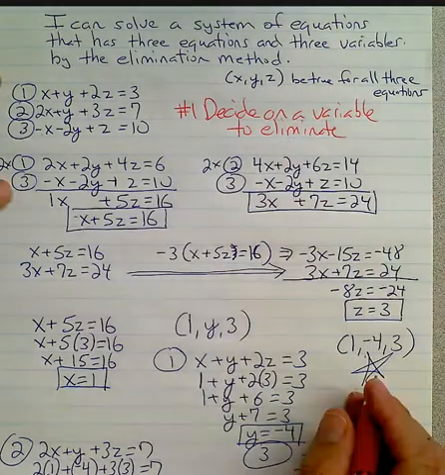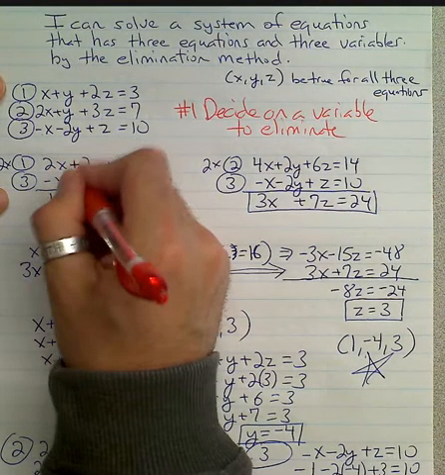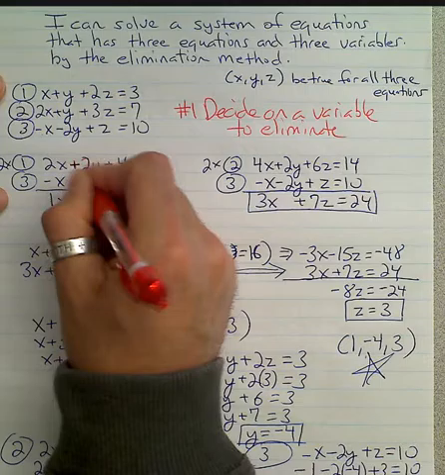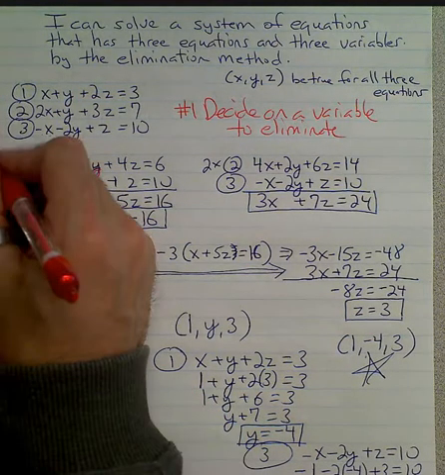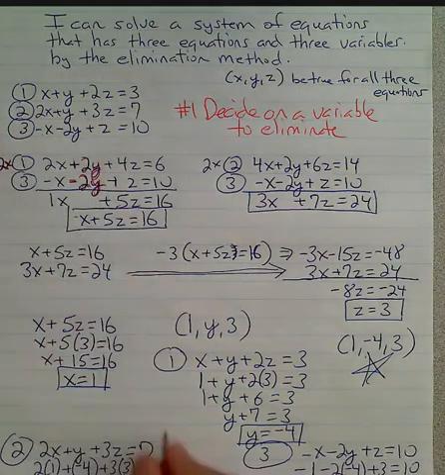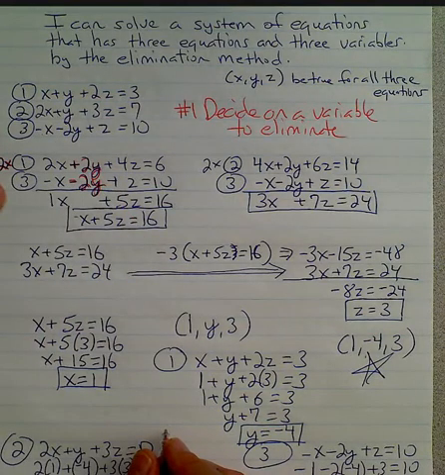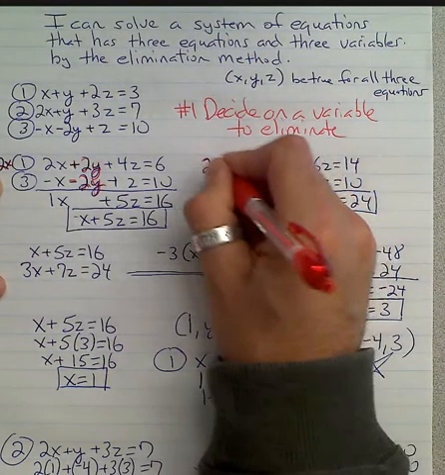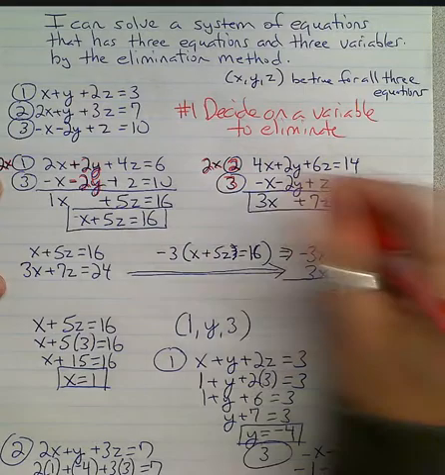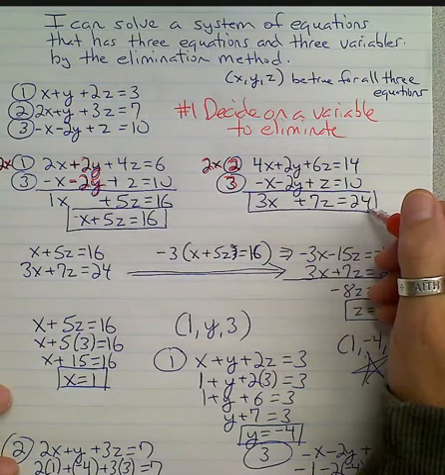In this case, I had decided to eliminate the y variables. I did this by multiplying the first equation by 2 and then adding it to the third equation. Then I had to multiply the second equation by 2 and add that to the third equation.